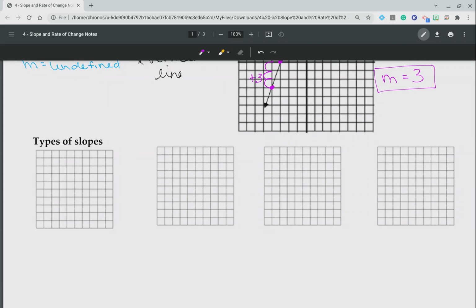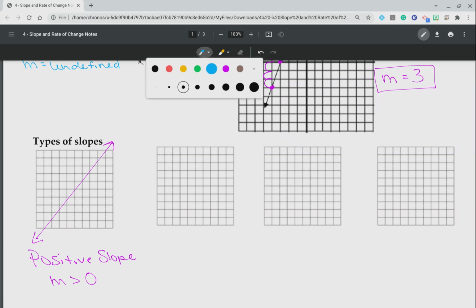The first type of slope would be a line that slopes up to the right, so something like this. Okay, this is a positive slope. Okay, so that means our slope is greater than 0, a positive slope.